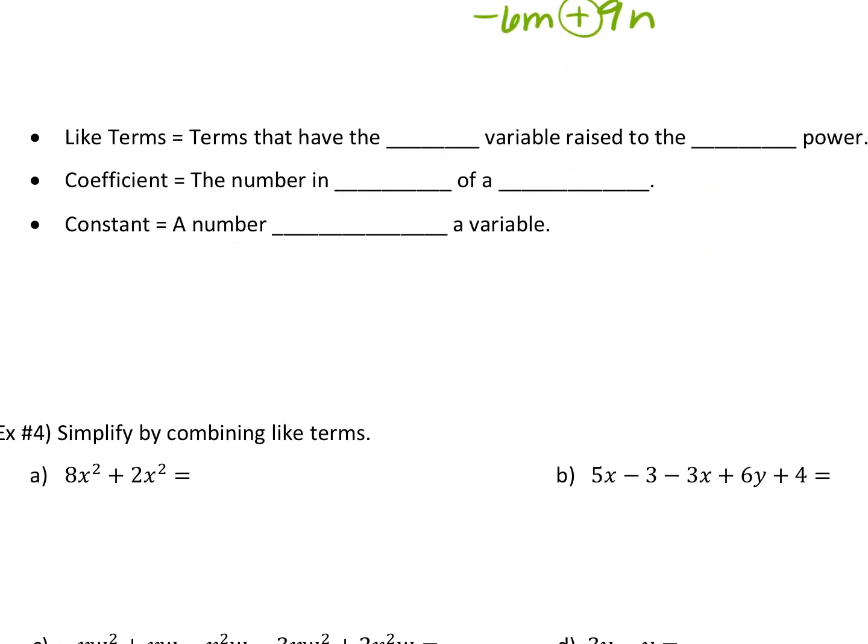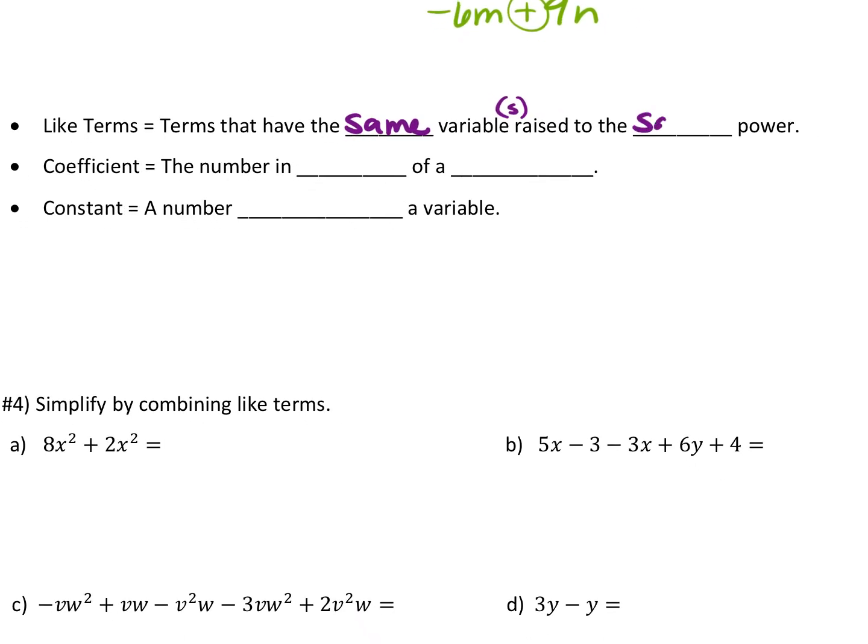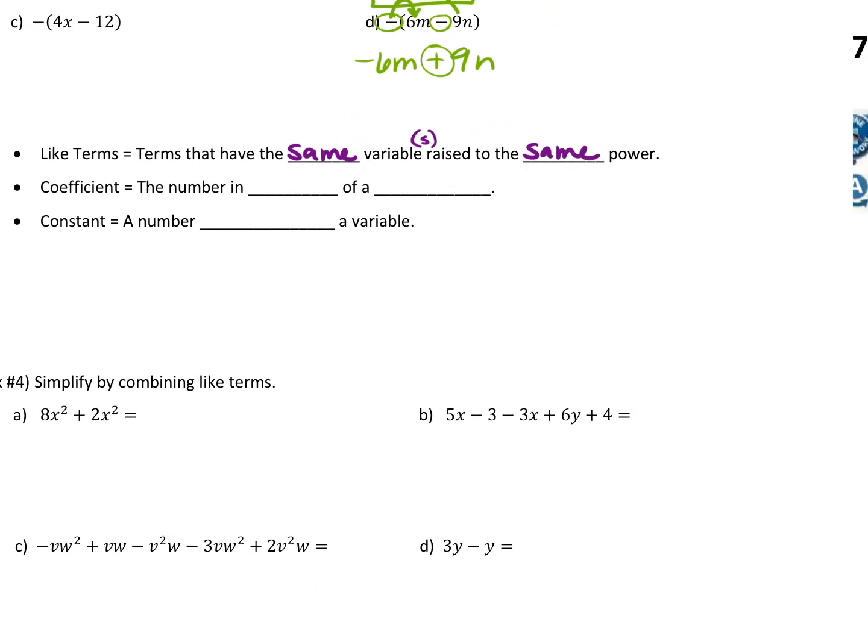Okay, like terms. Now, I assume this is something you've heard before you got to my class, like terms, right? Like terms are terms that have the same variables raised to the same power.